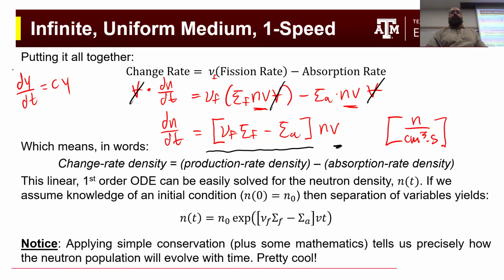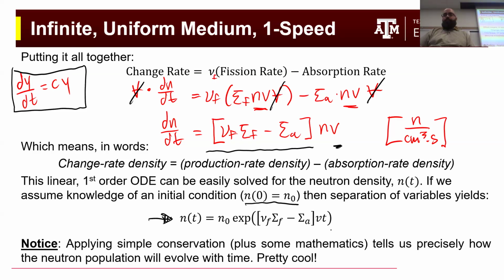So this equation almost looks just like our favorite differential equation that we know and love, that we've solved so many times, and we know that if we were to solve this equation with an initial condition, we would get something that looks like this. And that's what we saw for the intensity equation. That's what you would see for radioactive decay. This equation comes up a lot in nuclear engineering. It's going to look like an exponential.